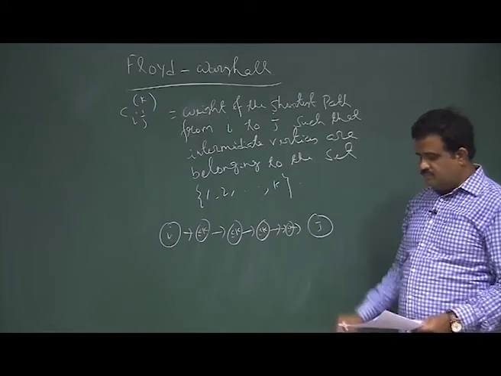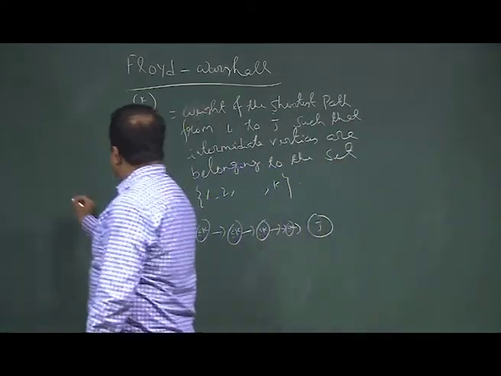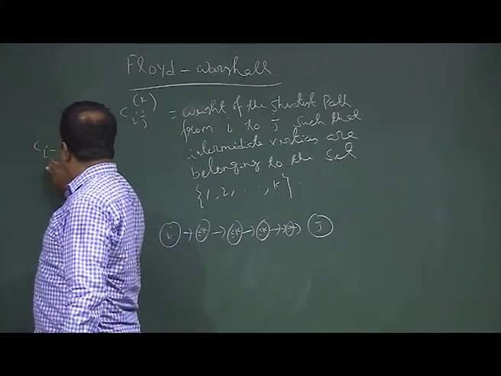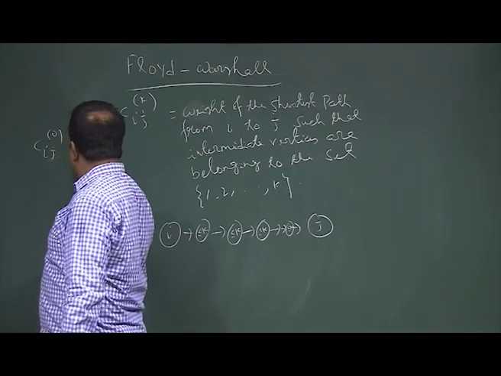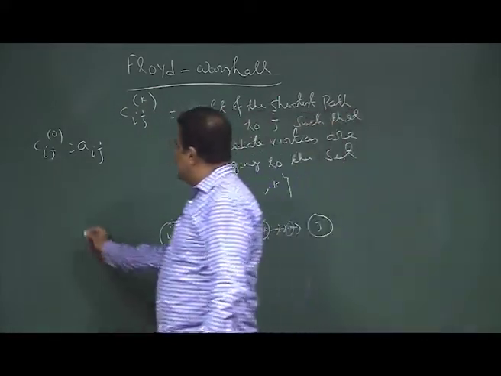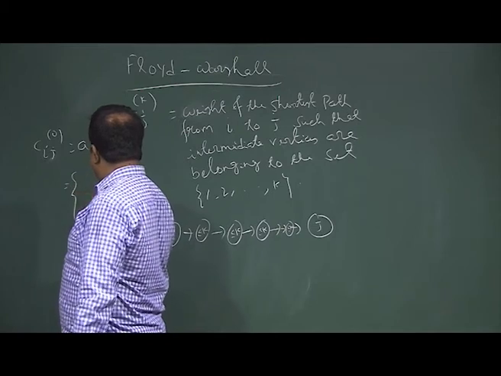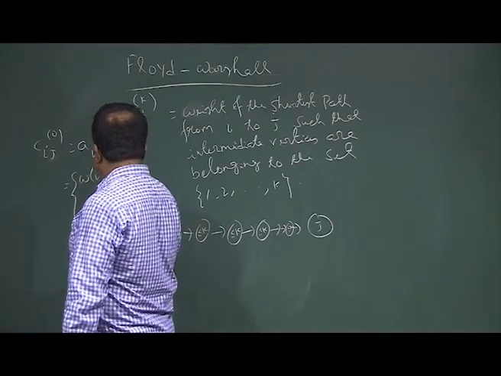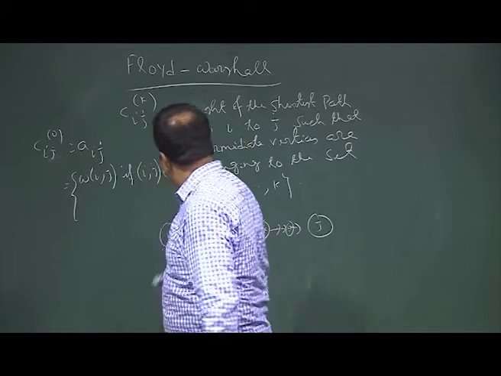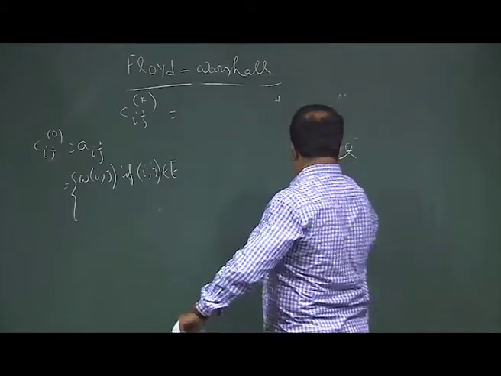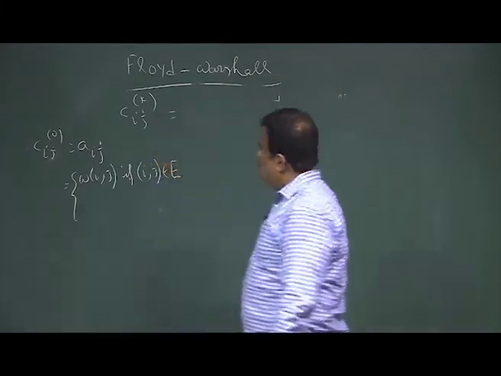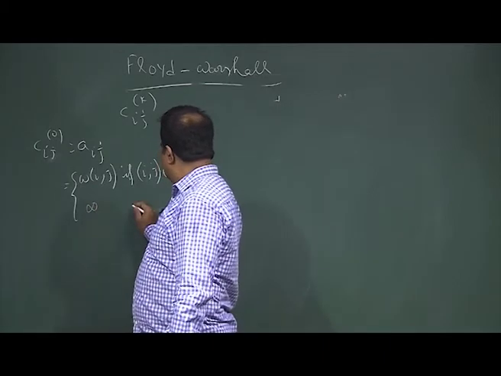Now, basically what do we have? We have C_ij. So, what is the recurrence for C_ij? C_ij^0 is basically A_ij, the adjacency matrix. So, A_ij is W_ij if ij is an edge, otherwise we have infinity.